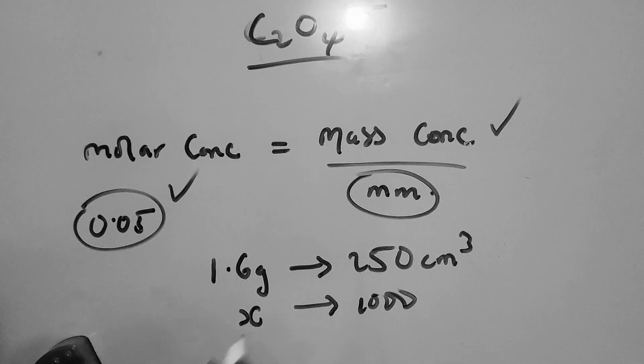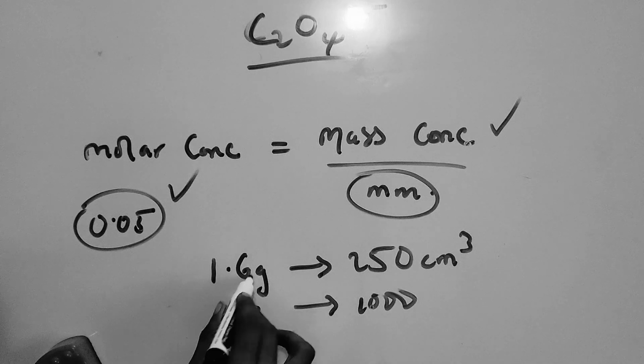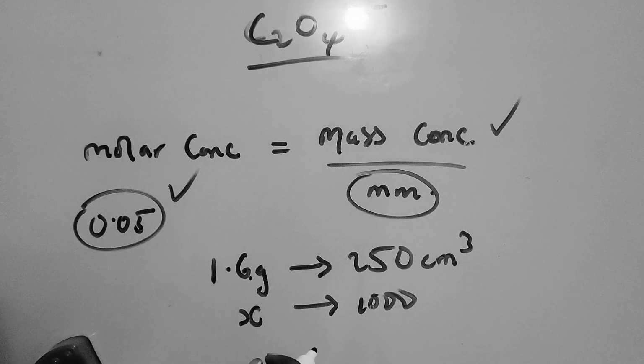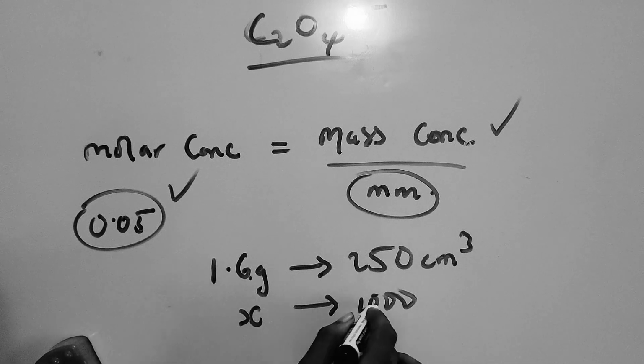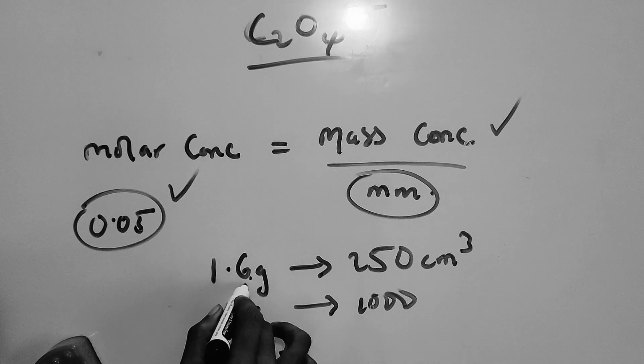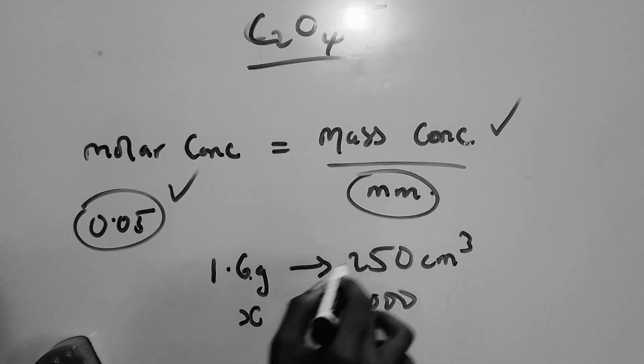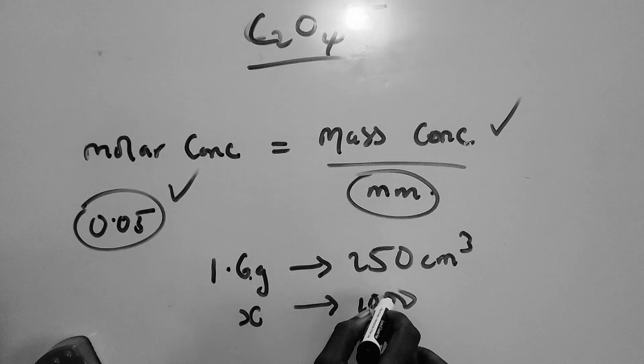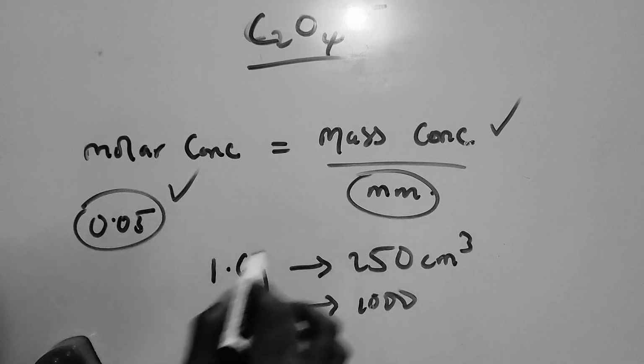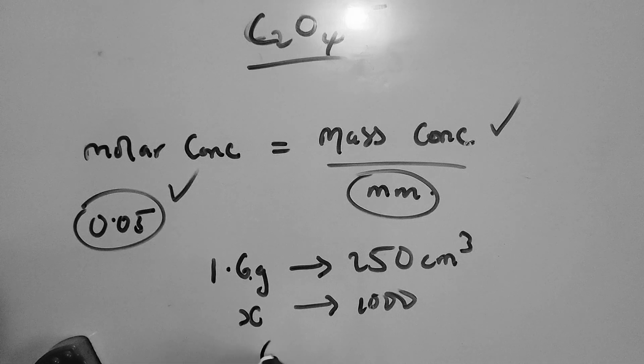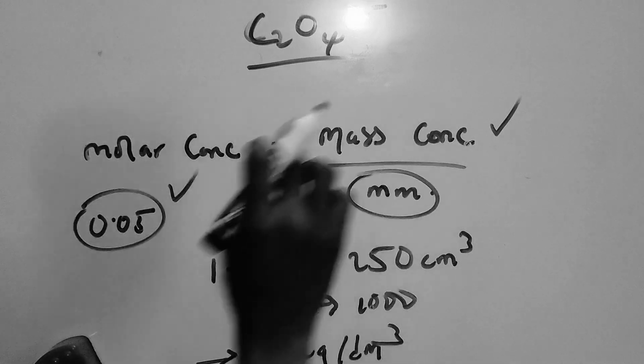If you multiply this by this, we want to get the mass concentration in gram per dm cube, right? That's why we are making use of 1000 now. So 1000 multiplied by 1.6 divided by 250, and that should give you 6.4. And this is now going to serve as your mass concentration in gram per dm cube for the oxalic acid.